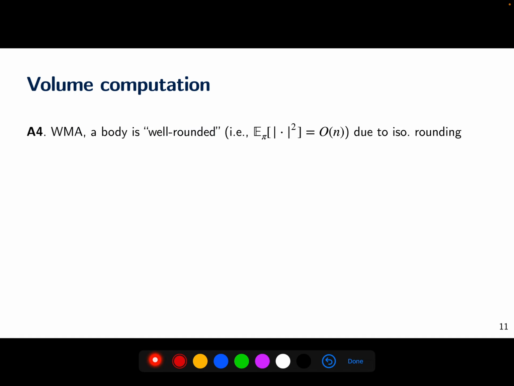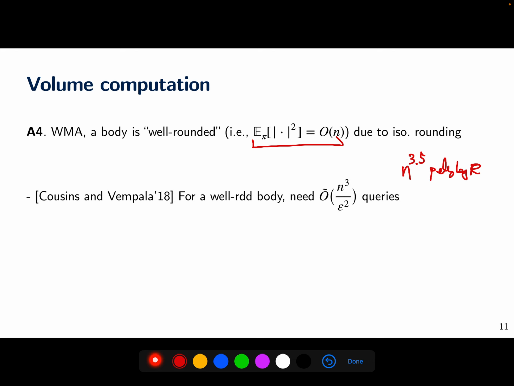And the answer here is, first of all, we may assume that your body is well-rounded, which really means this second moment is bounded by O(n). This is a more general condition than just isotropy. We can assume such a thing because of the isotropic rounding that uses n to the 0.5 times polylog r queries.